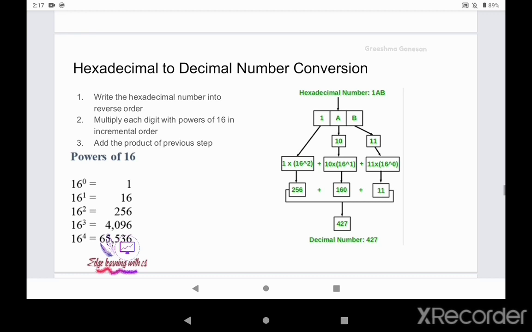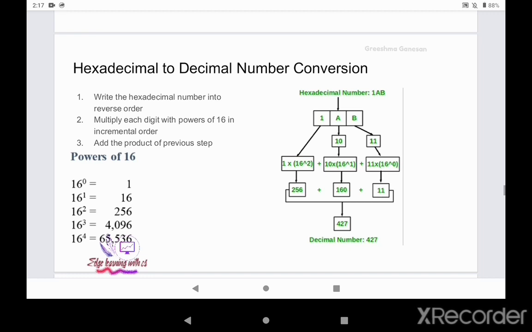So let us check what the steps are to convert a hexadecimal number into a decimal number. Before going to the steps, you have to be thorough with the 16 powers. So let us see how we can find the conversion answer.